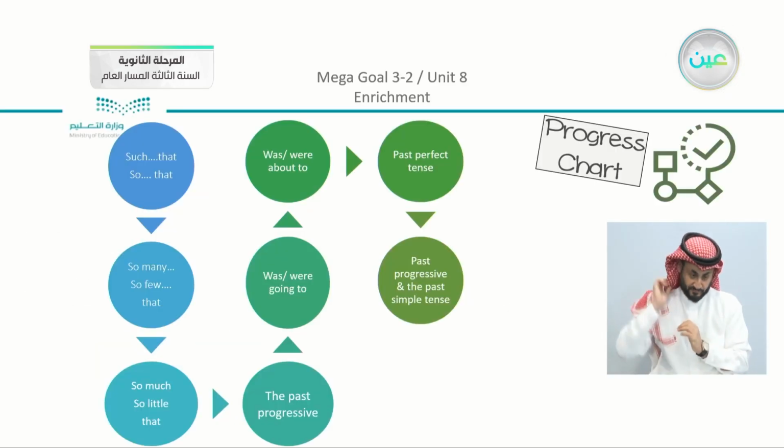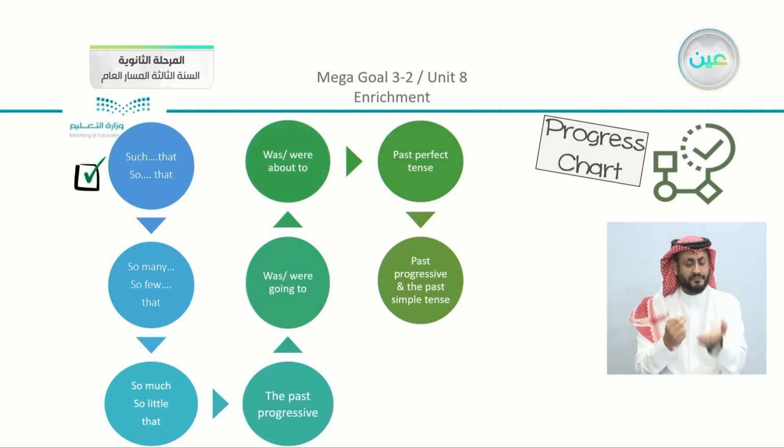We have reached the end of our enrichment. So what did we do? First of all, we revised such, that, and so that. We also revised so many, so few with that, and in our grammar lesson so much, so little, that.